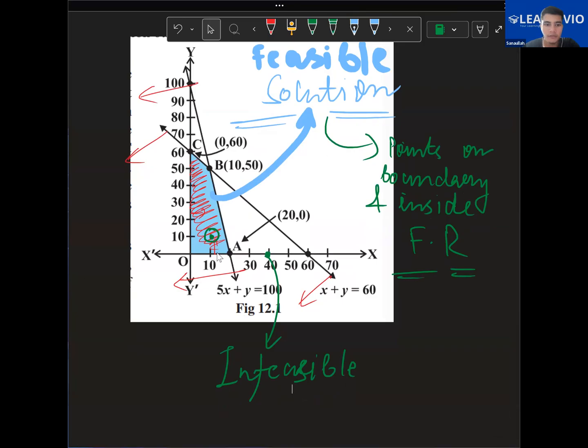And one more thing, how will you check the corresponding values of Z?